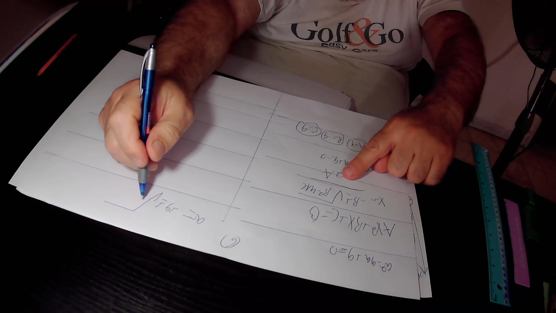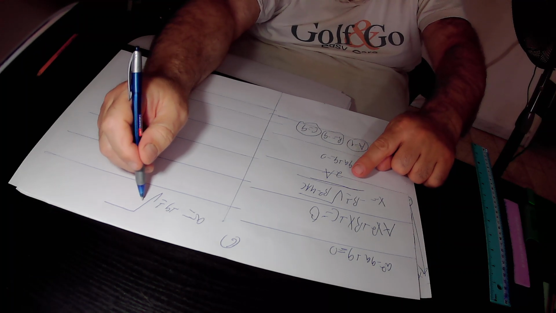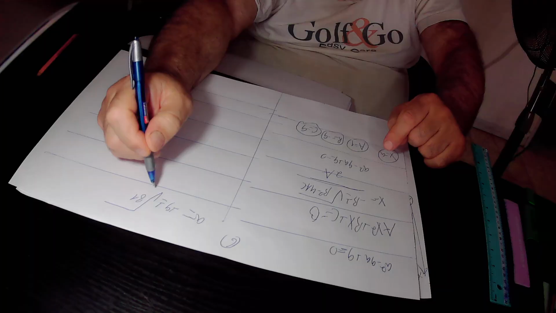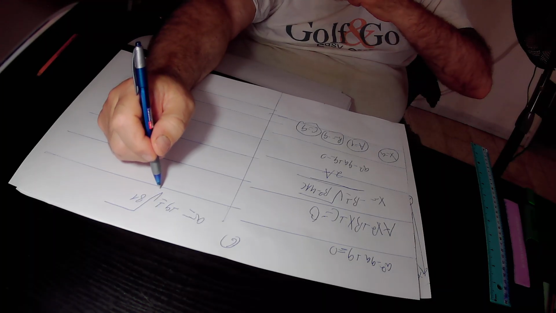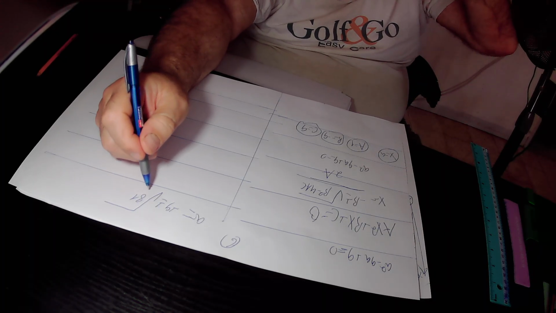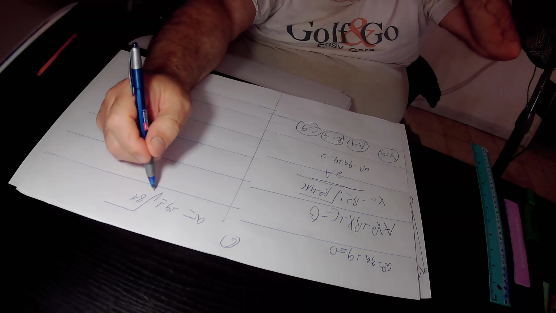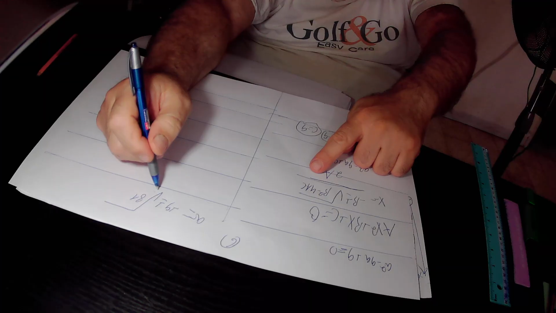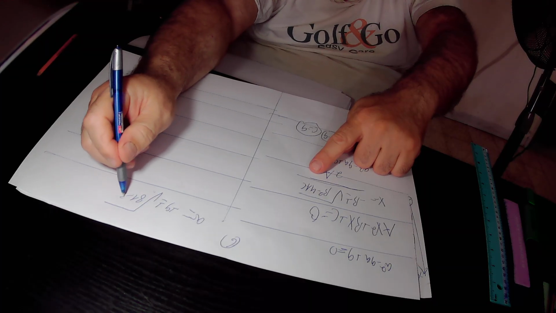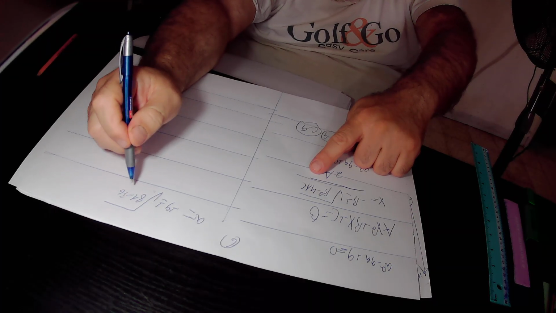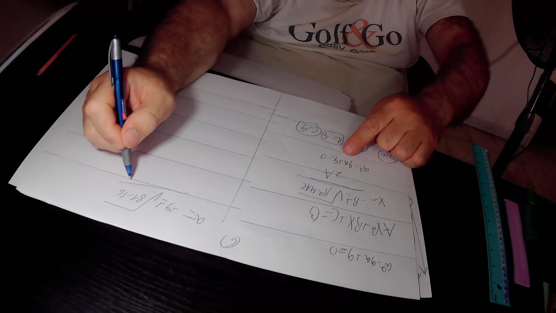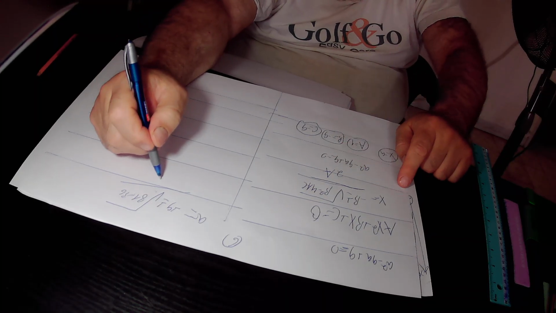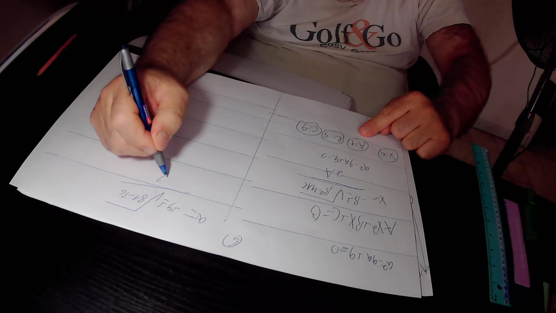B is minus 9, therefore B squared is minus 9 squared, that is 81, minus 4 times A. A is 1, so minus 4 times 1 is minus 4, times C. C is 9, so minus 4 times 9 is minus 36. So inside the root we have 81 minus 36, divided by 2A. A is 1, so 2 times 1 is 2.